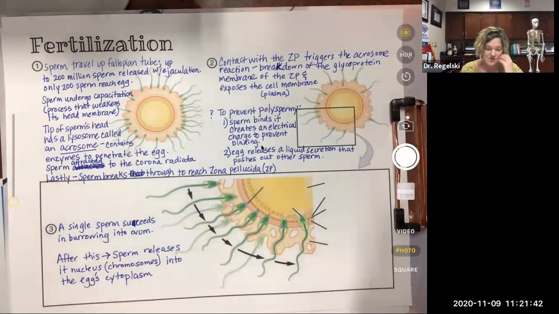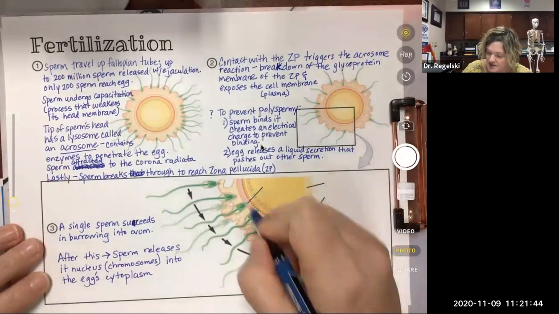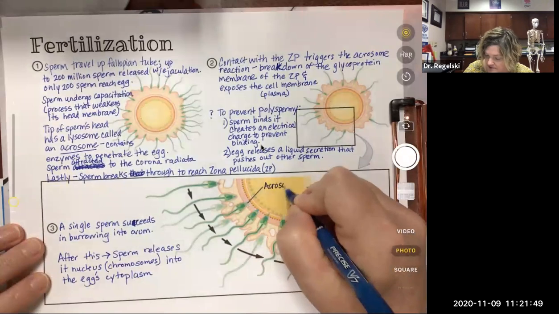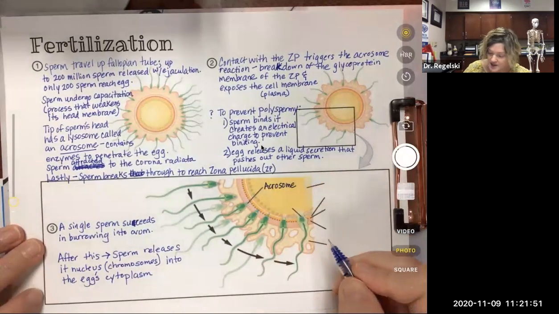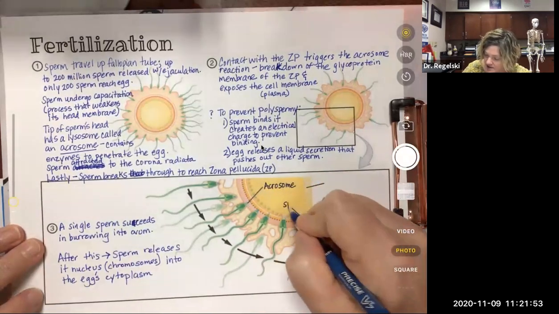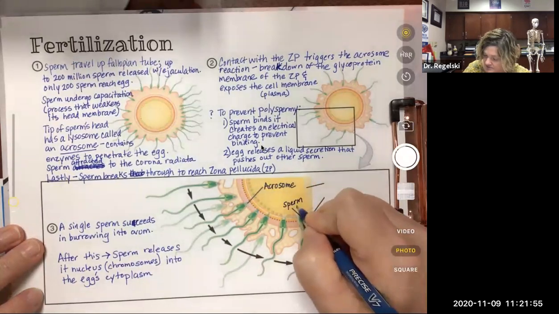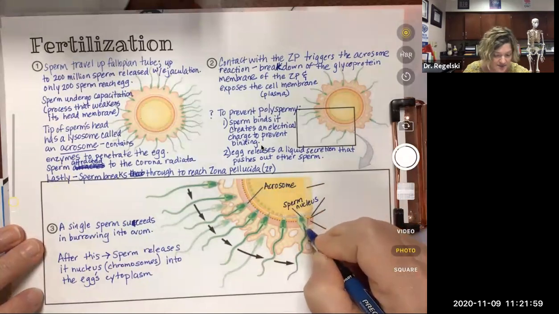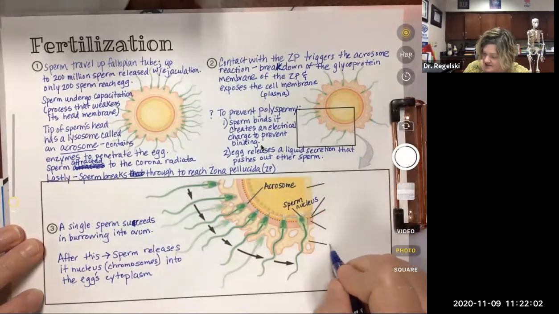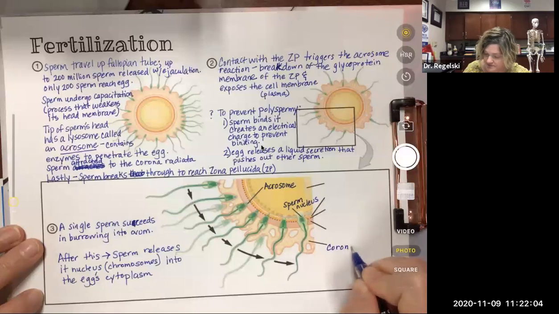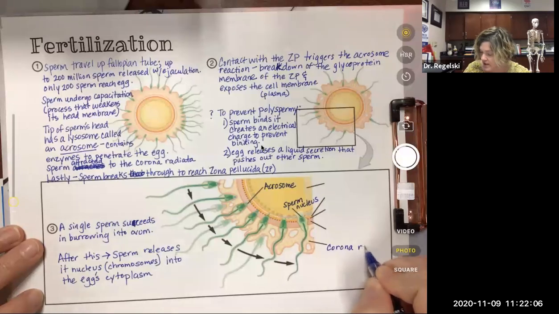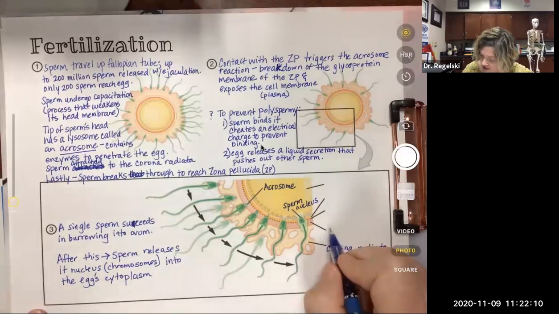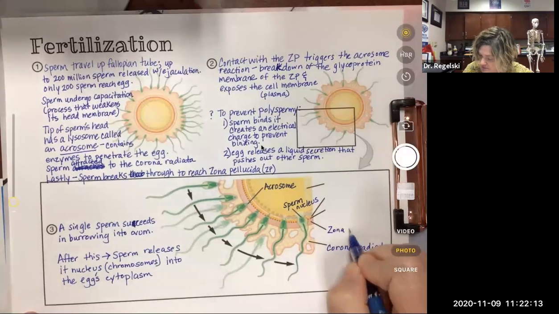Okay, so let's label some of the parts here that we need to know. The tip of the sperm is where the acrosome is. This is the sperm's nucleus, this green part here that contains the DNA. This is the egg's corona radiata. That's what attracts the sperm. Underneath that is the zona pellucida.